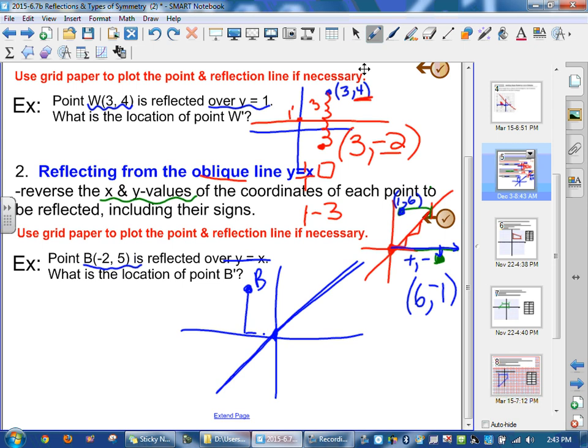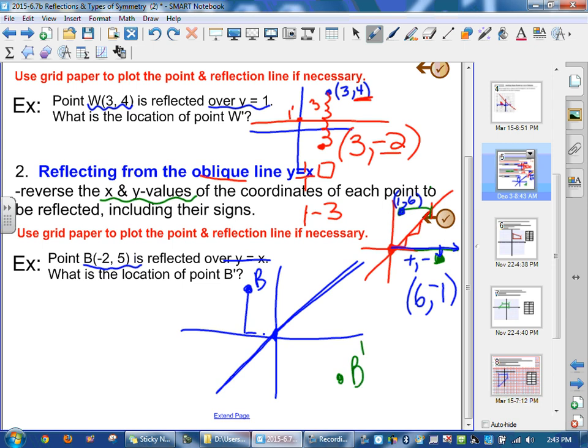I reverse the numbers. So it becomes 5 and then 2. So if this point flips over this line, he's going to end up down here. So here's B prime. Basically he goes diagonally across from where he starts.